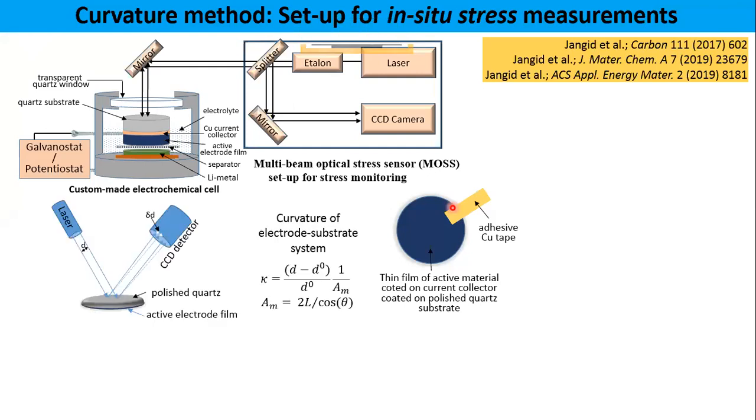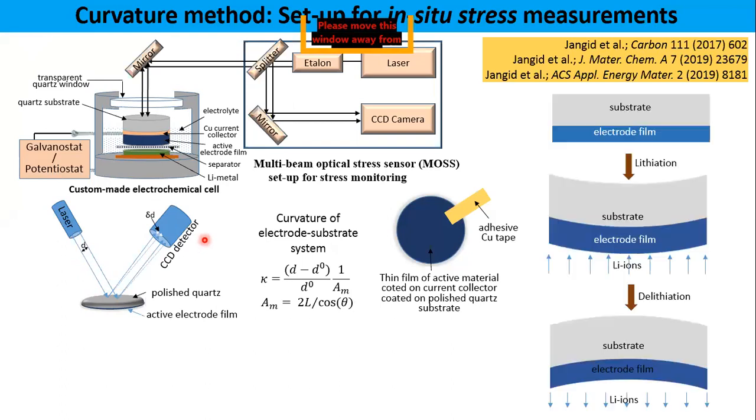Okay. So how does this instrument work? On the backside of your electrode, which is a reflecting surface, you incident a laser beam, and it will be reflected back and collected by a CCD camera. When you cycle, when lithium comes into your electrode, the curvature of your electrode film system will change.